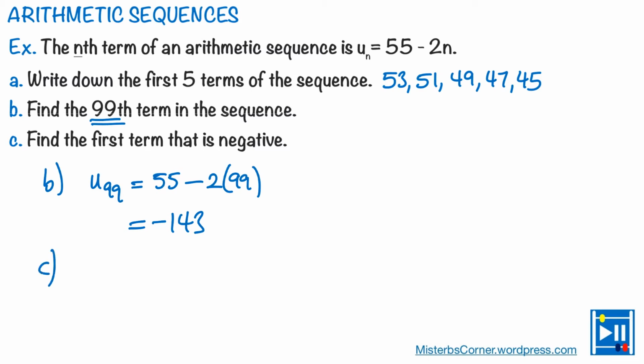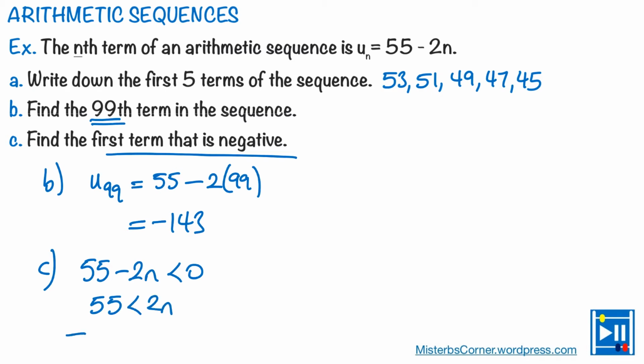And for part C, I'm going to write an inequality to find the first term that is negative. So I'm looking for 55 minus 2n to be less than 0. Now, this makes 55 less than 2n, or in other words, 2n greater than 55. If I divide both sides by 2, I'm going to get n greater than 27.5.